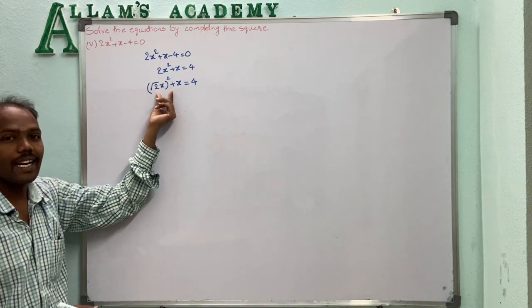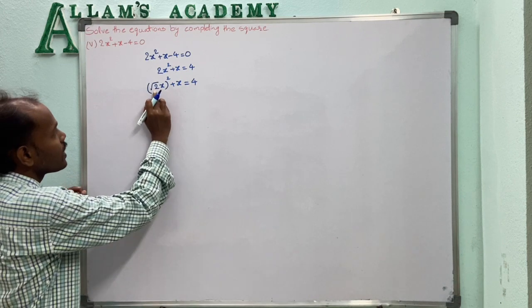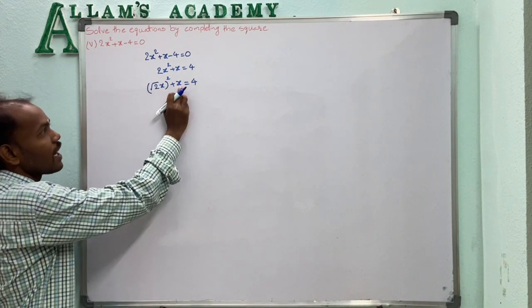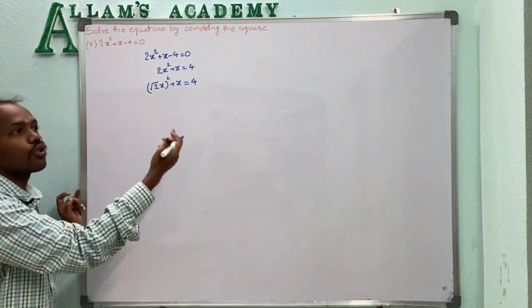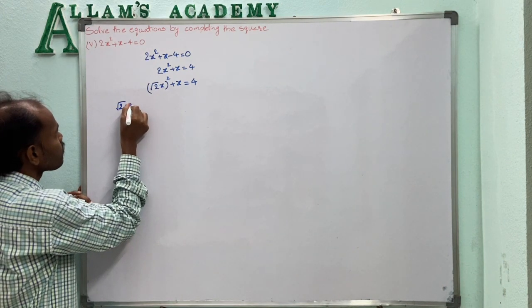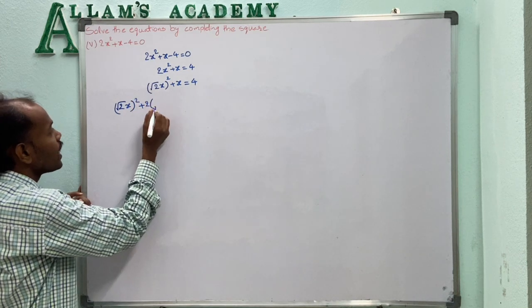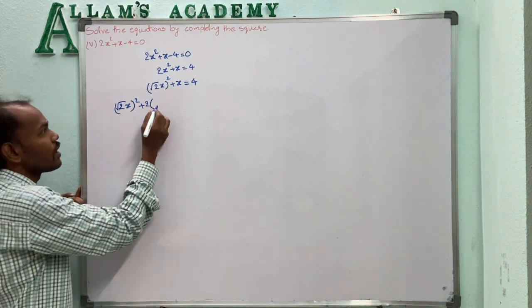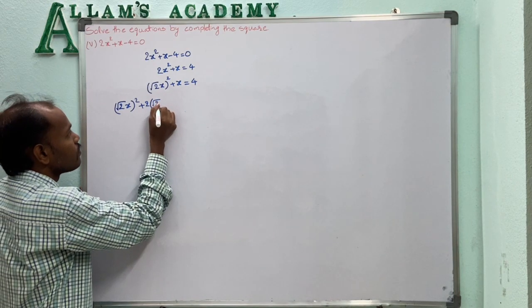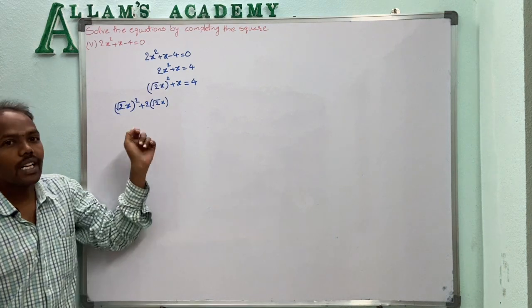Now here this LHS we want to write as a perfect square. So here it is a square term. So next, x term we want to write as 2ab term. So root 2x whole square plus 2ab term, 2 into a equal to root 2x. Now b term we need.